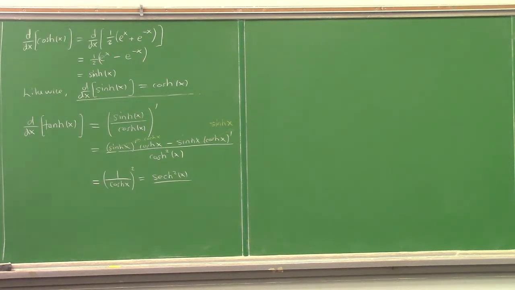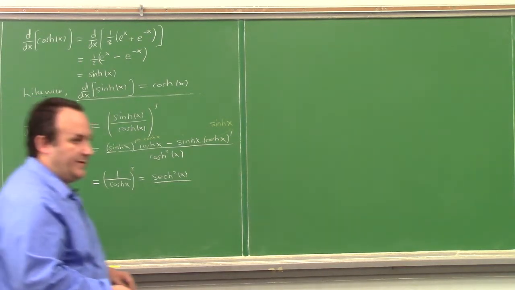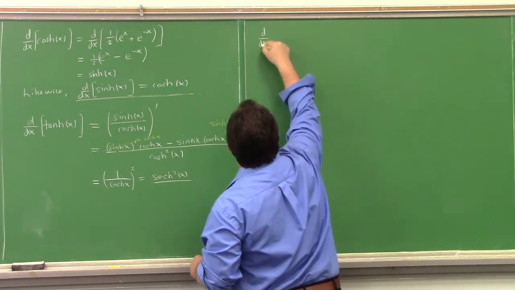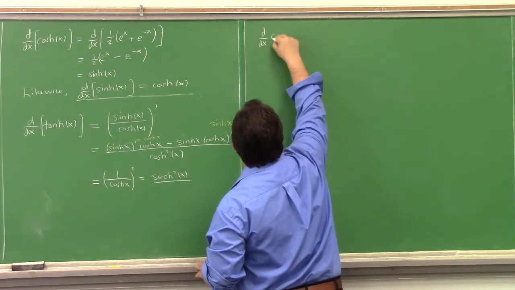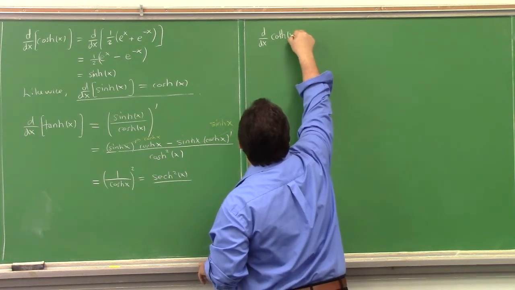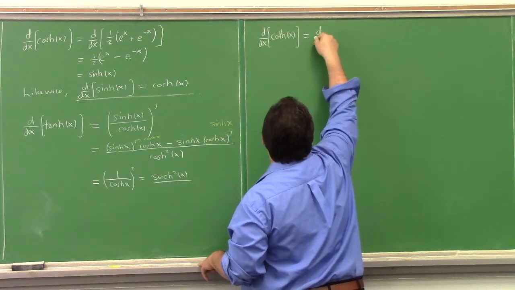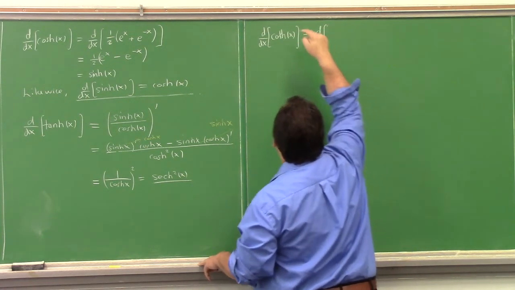Now, another thing we could do is look at the derivative of hyperbolic cotangent a little differently, just as an experiment. So this is d/dx, I'm going to write it this way. This is d/dx of cosh over sinh.